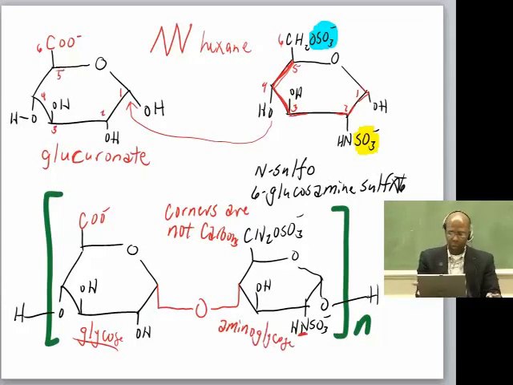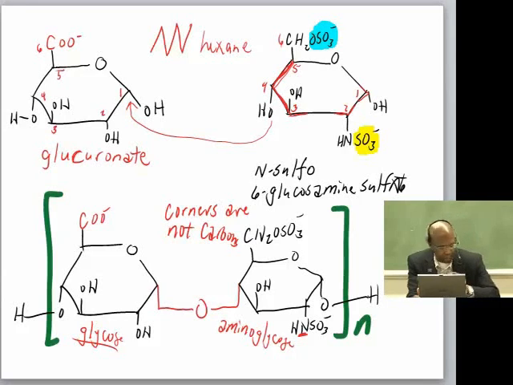See, the first one is just a glycosyl unit. But that second one is always an aminoglycose. And so whenever you see this repeating unit of glycose, aminoglycose, glycose, aminoglycose, and it's a long polymer, it has a special name.